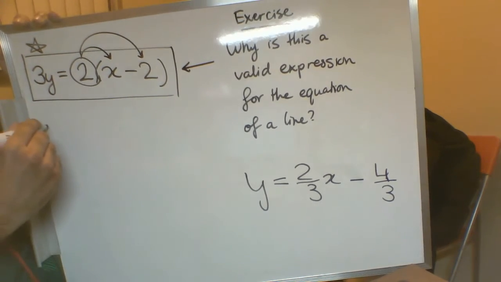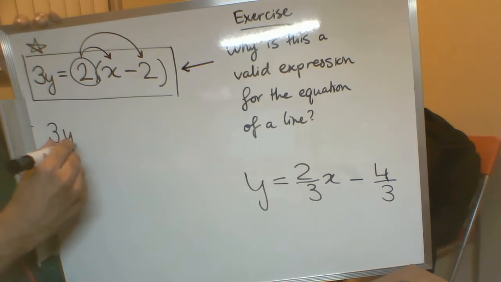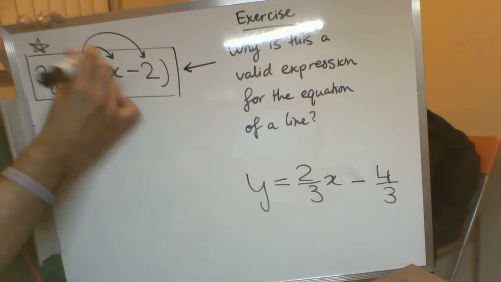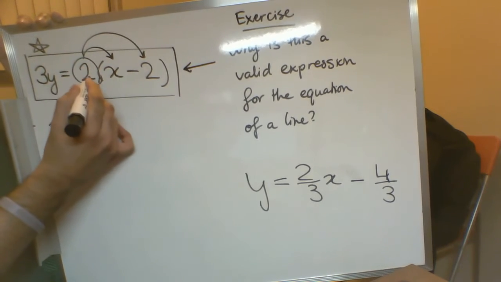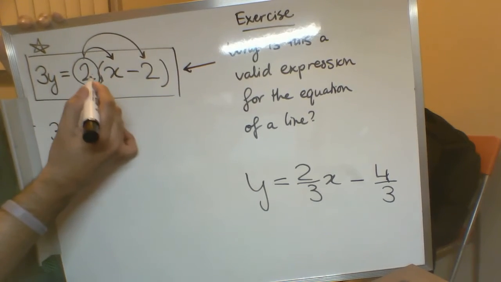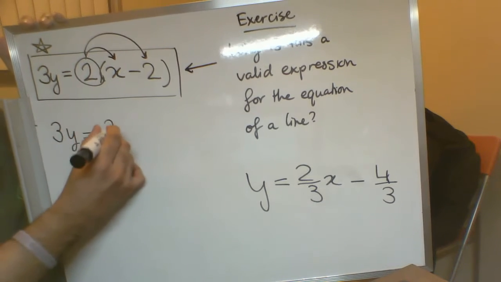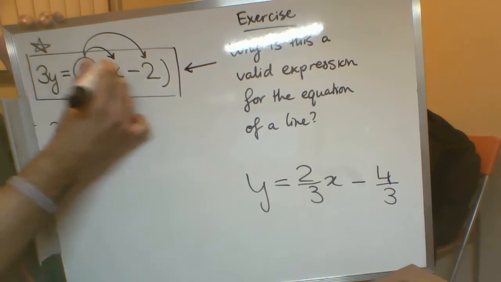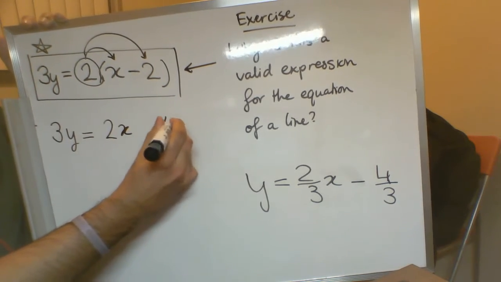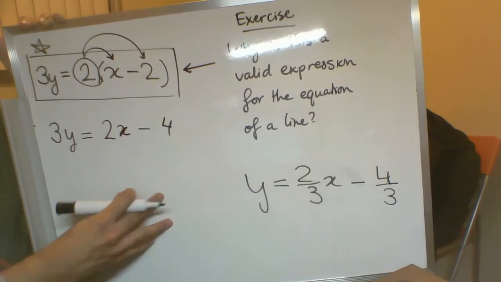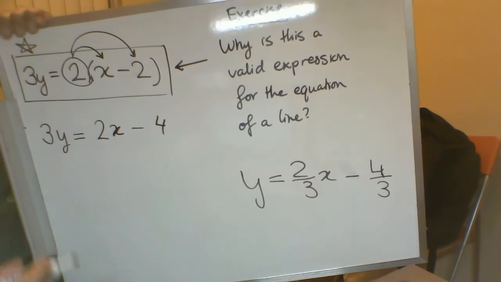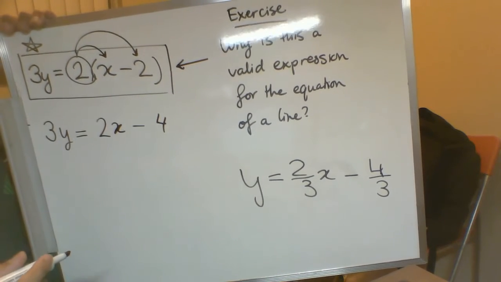If I rewrite this, we get 3y is equal to 2 times x, so 2x, and then 2 times 2, which is 4, keeping the minus sign in the middle. So we've got 3y is equal to 2x minus 4.